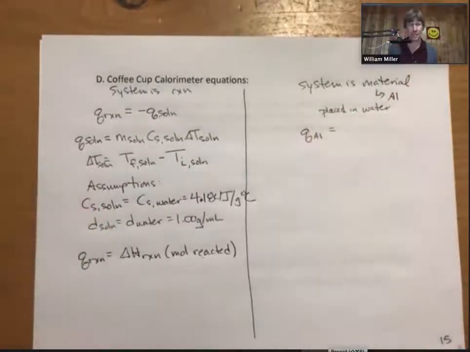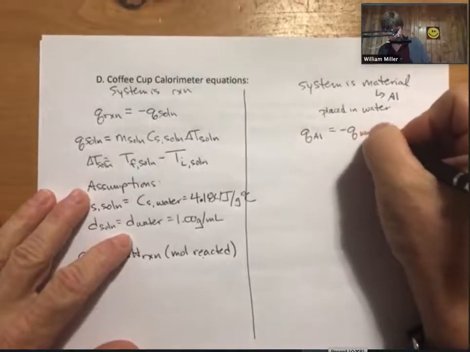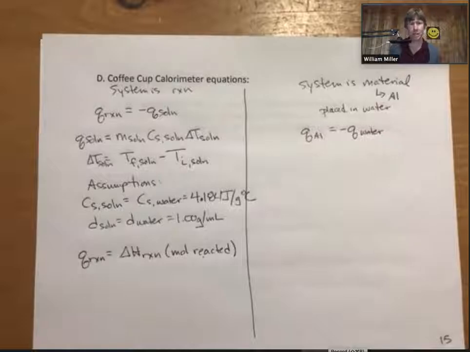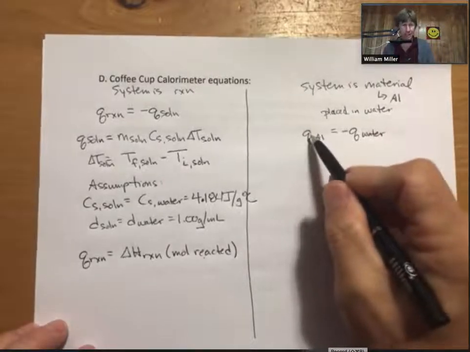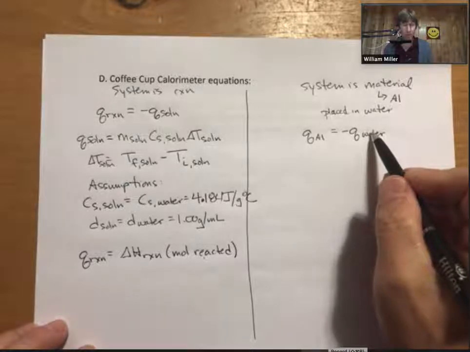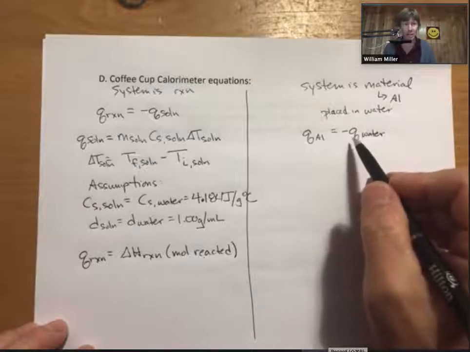This time it's the heat of the aluminum equals minus Q of the water. So this just says all the heat given off or taken in by the aluminum goes to the water, or comes from the water. Now these are 2 materials, so no reaction involved.